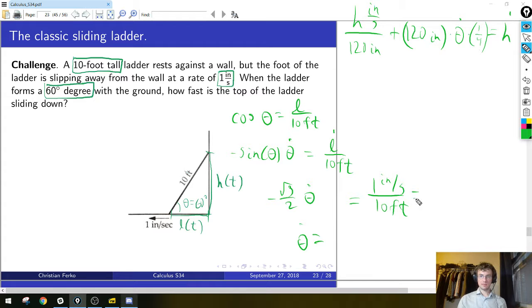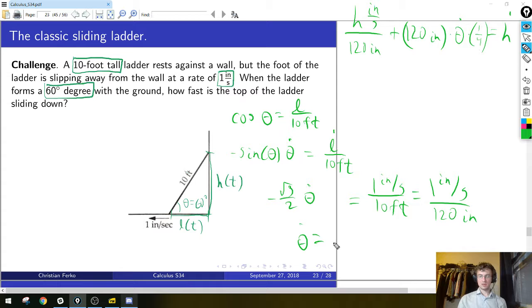Let me convert units, so this works out to 1 inch per second over, let's see, 12 inches in a foot means 120 inches. And then as you say, we should solve for theta dot, which means there should be a root 3 downstairs and a 2 upstairs.